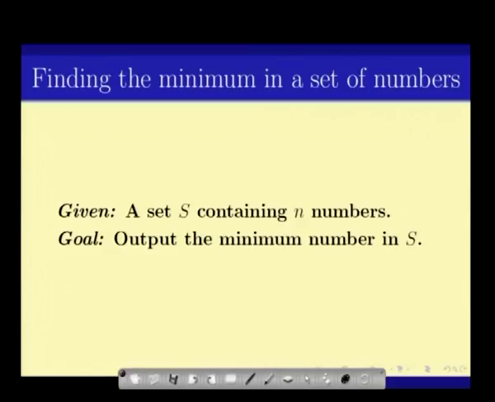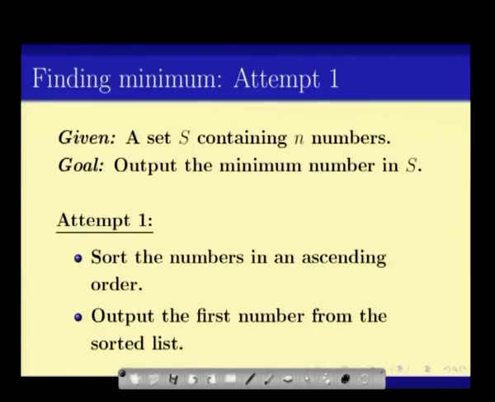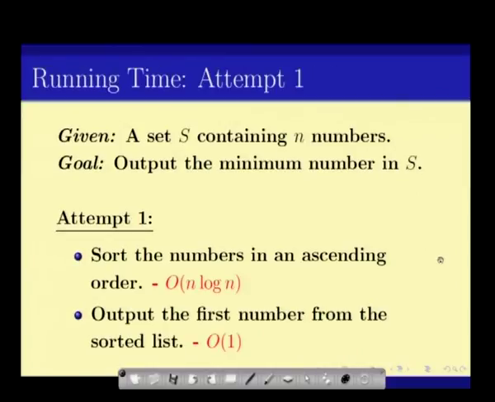Today our problem will be a generalization of finding the minimum in a set of points. Let us recap the algorithm for finding the minimum in a set. We had a set S which contains n numbers, and we want to output the minimum number in S. The most naive approach is to sort these numbers in ascending order and then output the first number in that sorted list.